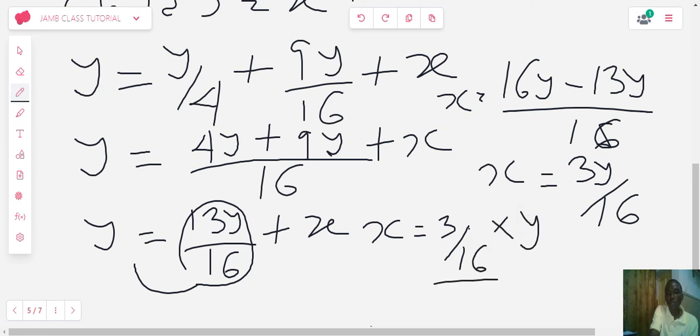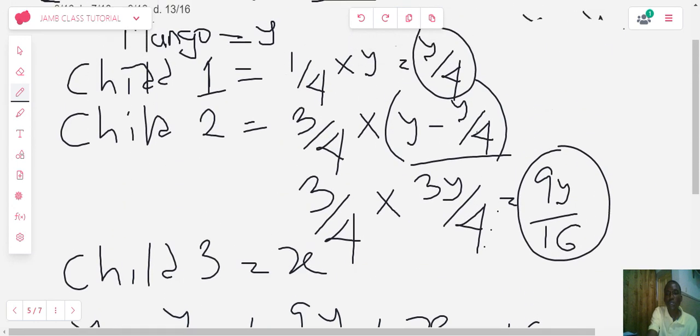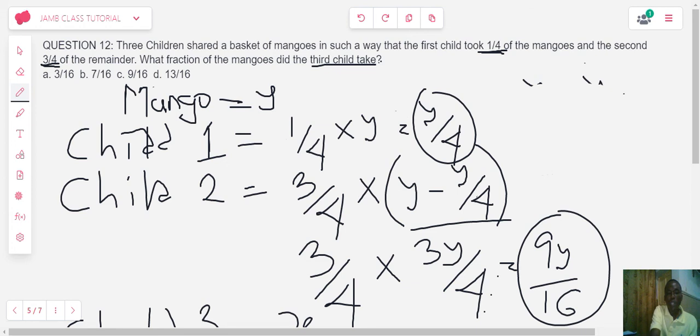So that means the fraction of mangoes child 3 is going to have is 3 over 16. Very easy. Now let's go to the options to find out where we have 3 over 16. That is option A.